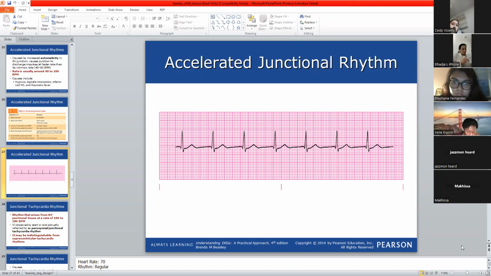Is it 70 beats per minute? I mean, heart rate. You said it is 70 beats per minute. That's okay. Very good. 70 beats per minute. It is normal.